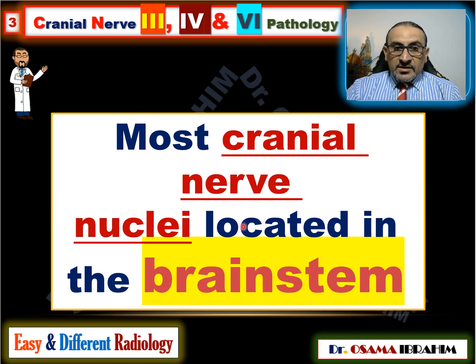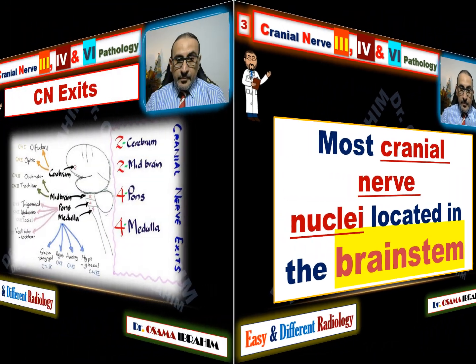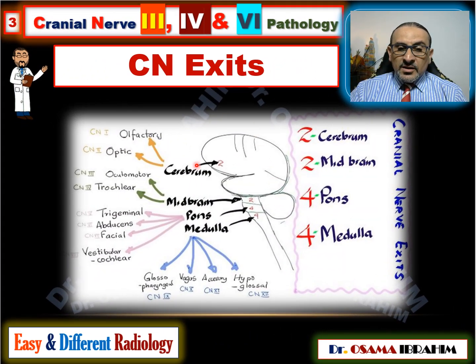Most cranial nerves, as I mentioned before, arise from the brainstem, except the first and second, the olfactory nerve and optic nerve. The others arise from the brainstem. Like this diagram, which shows the olfactory and optic nerves arising directly from the cerebrum.